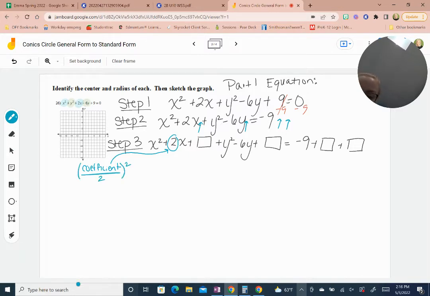For this one, it's going to be 2 over 2 squared, which is 1 squared, which is equal to 1. Same for this one, negative 6 divided by 2 squared. That gives me negative 3 squared, which is 9. And then I'm also going to be putting the same numbers on the boxes on the right. What I do onto one side of the equal, I must do onto the other. So plus 1 plus 9.